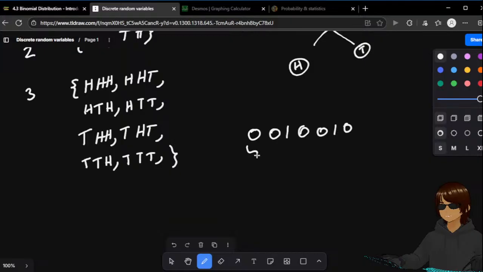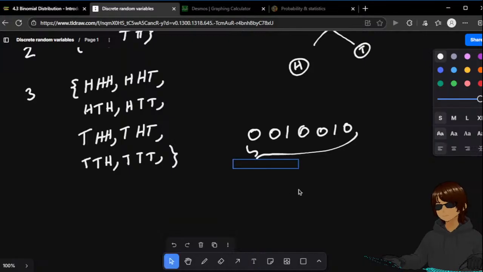For example, this is a bit string of length 7.